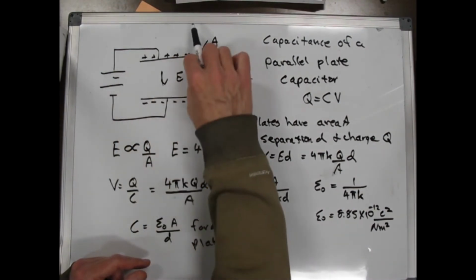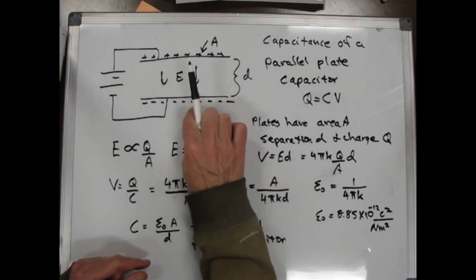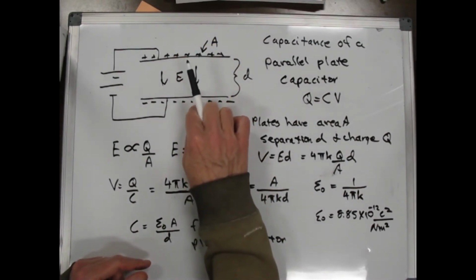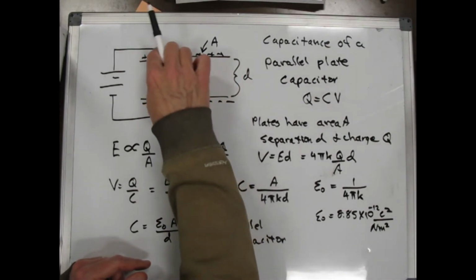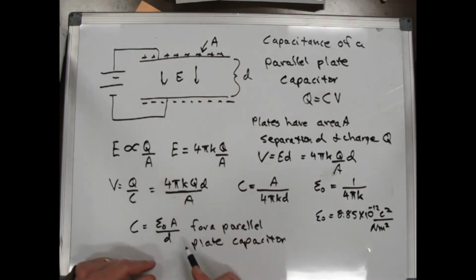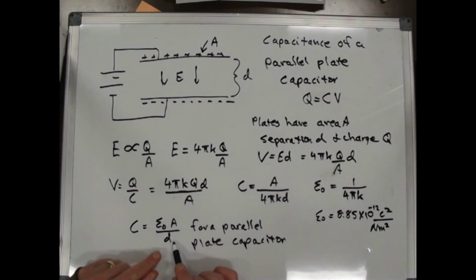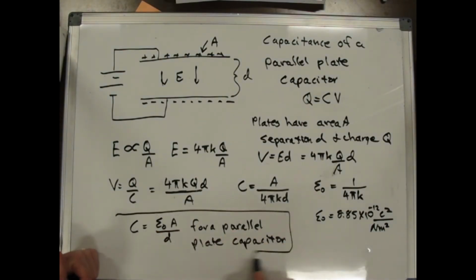But if the plates are really close together, it's also attracted by these guys. And so the fact that these guys are really close reduces the repulsion, and I can squeeze more charges on there. And so this at least is a sensible answer for the capacitance of a parallel plate capacitor, and it's the right answer.